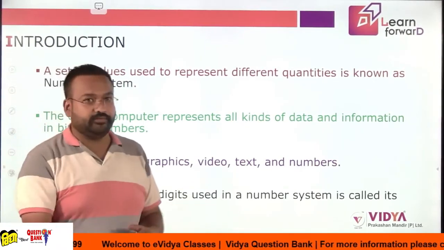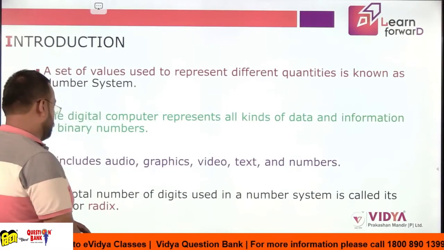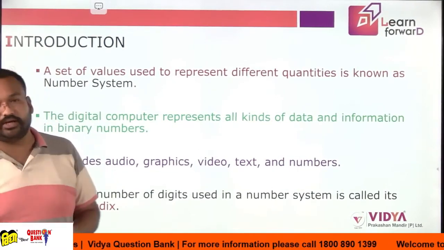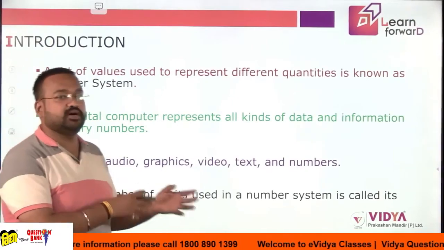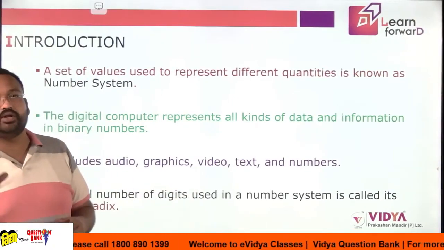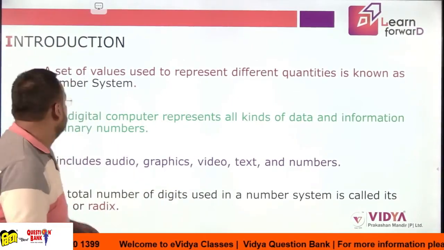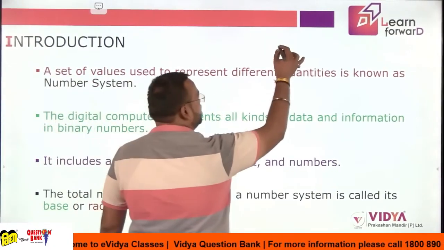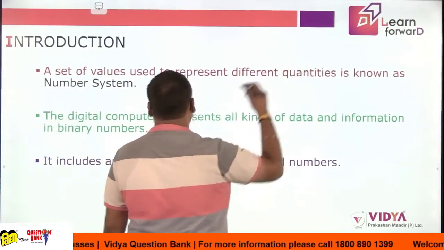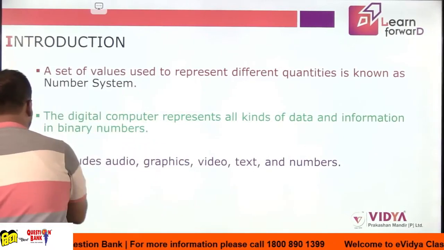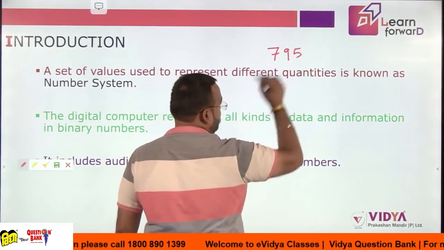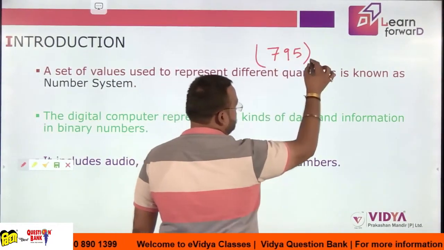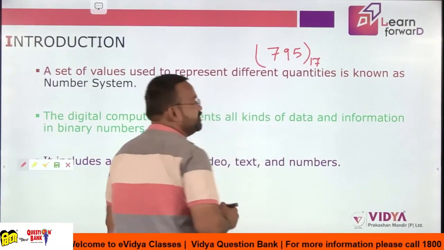Whenever there is a number system, you would find a base or radix for it, which lets you know how many digits are allowed in that particular number system. Let's suppose there is some number, something like 795, written with a subscript, let's say base.